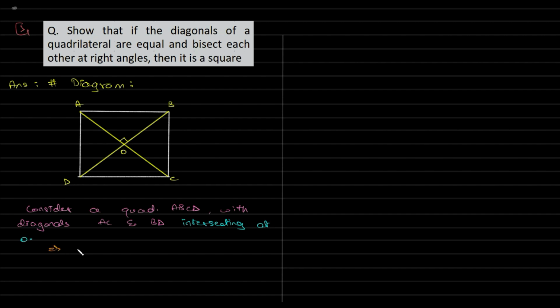This implies, if the diagonals of the quadrilateral are equal, it's given that AC is equal to BD. We can call this as 2x. Then they bisect each other.